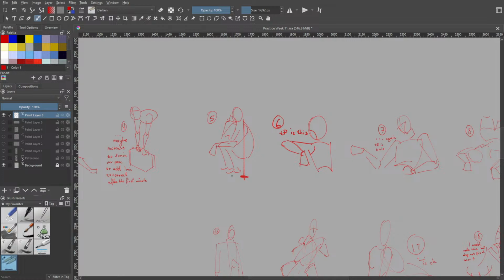And I'm also kind of thinking whether I shouldn't just extend the time. Instead of doing 1-minute poses, perhaps doing 3-minute poses, but breaking them down. So instead of saying, okay, do the entire pose in 3 minutes, I would do something like, okay, initial sketch, very much like the original 1-minute gesture drawings here.